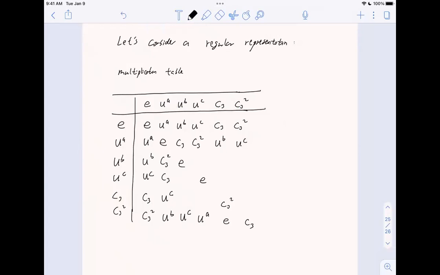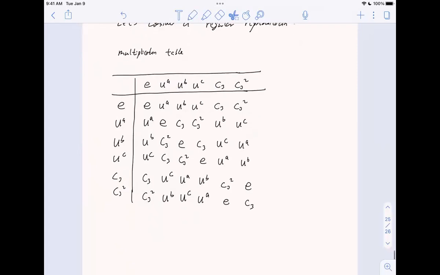This is E. This is E. So this is UB, UA. And then what is this? C32, C3, UC, UA, UA, UB. Okay, so this is the multiplication table.